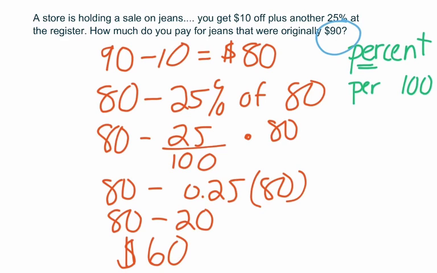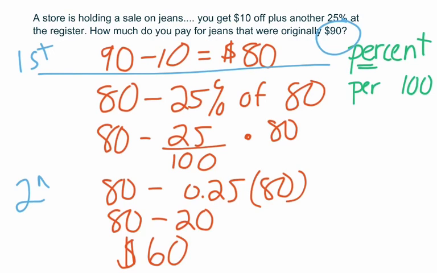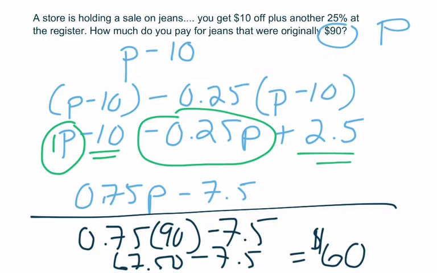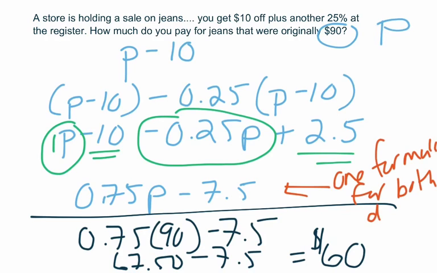In this first example, we actually did the discounts separately. Here's the first calculation for the first discount, and then we had to do a separate calculation for the second discount. And so we have two calculations there. In the second strategy, we do this work and we develop one formula for both discounts.